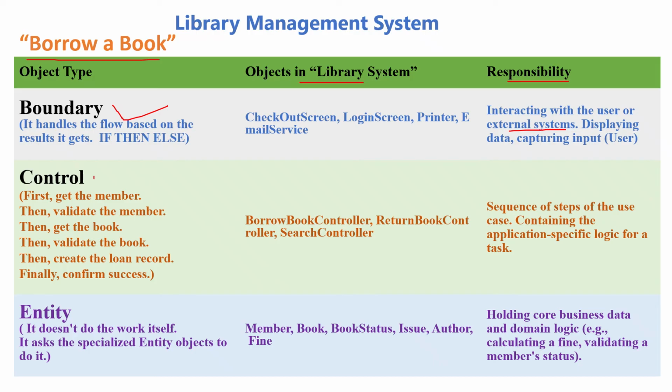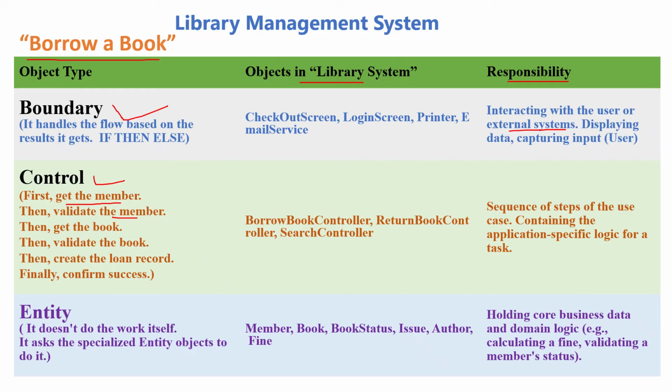What about the control object type? What kind of flow is there? First we request the member, validate the member, get the book data, validate the book, and then we give the book record to the user. The objects that may belong to control are the borrow book controller, return book controller, and search controller.